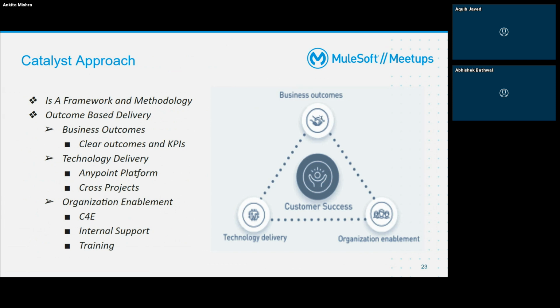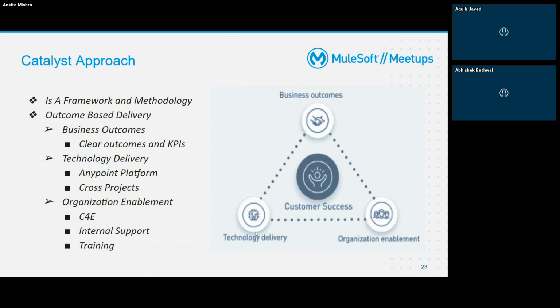So business outcomes actually help us to understand the requirements, the risks involved, the time taken by the entire project or the project team to work on the project, the deadlines, the costing. Everything comes under your business requirement or business outcomes. So the first pillar of your Catalyst approach is to understand your business outcomes.